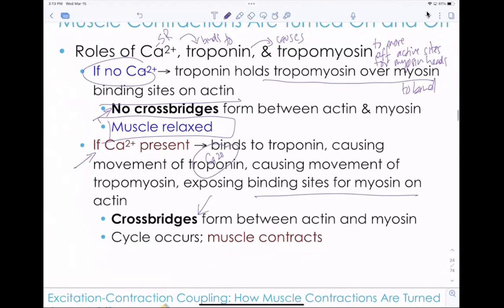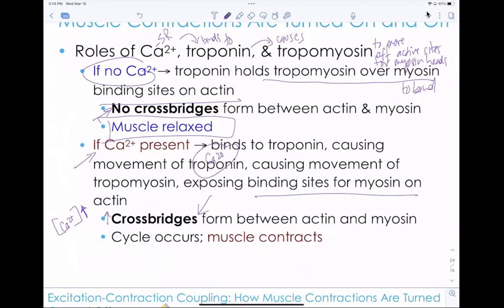Now, we've spent a lot of time in this class talking about concentrations, right? And the higher the concentration of calcium, the more calcium is going to be bound to troponin. The more troponin molecules that bind calcium, the more exposed binding sites for myosin. Thus, the more cross bridges can form.